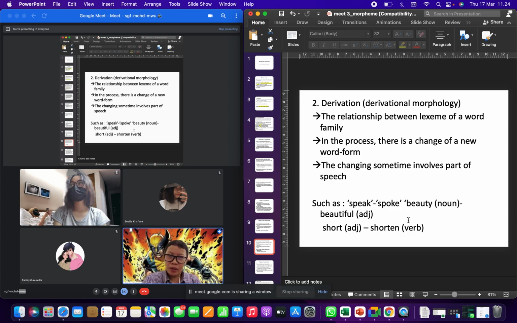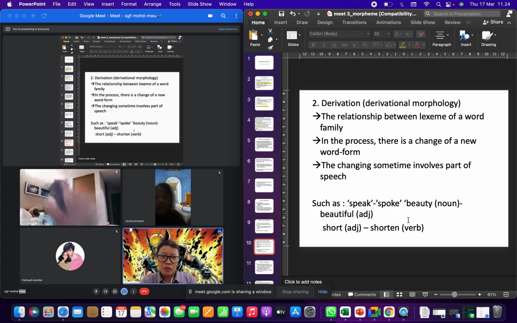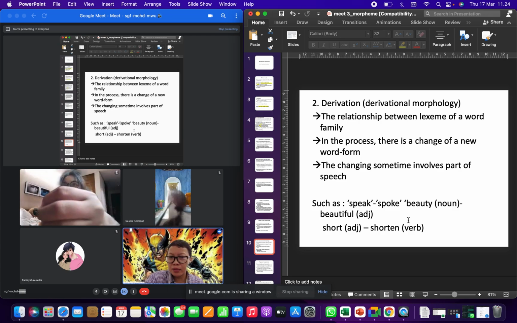And the second one is derivation, or derivational morphology. Here, we see the relationship between lexemes of a word family because there is a derivation process. It means that you derive from one form or one meaning to another meaning, or from one form to another form.